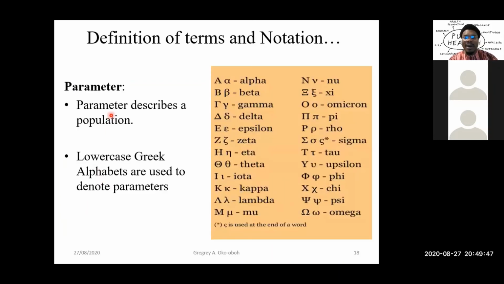Now, what is a parameter? A parameter describes a population. A parameter is used to describe a population.